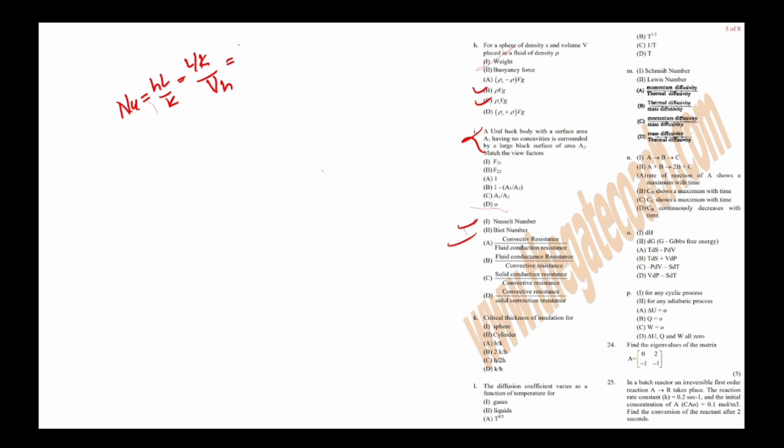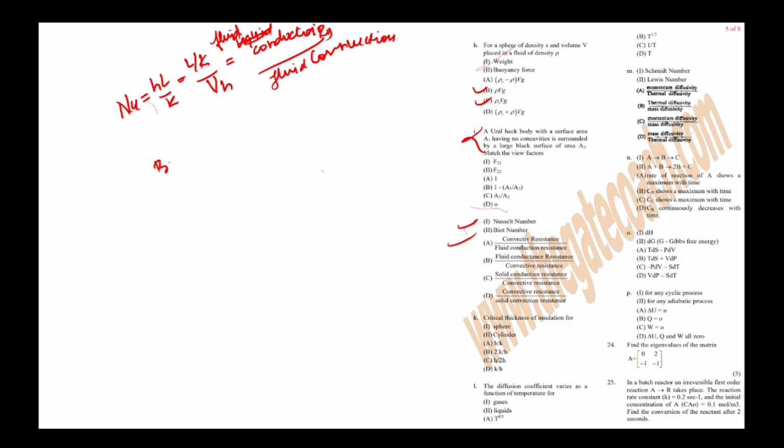So Nusselt number is fluid conduction resistance to fluid convection resistance.